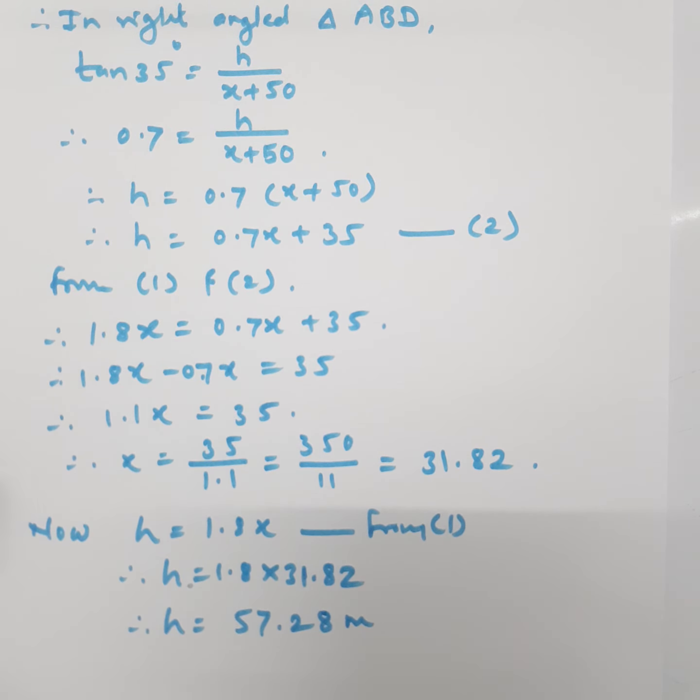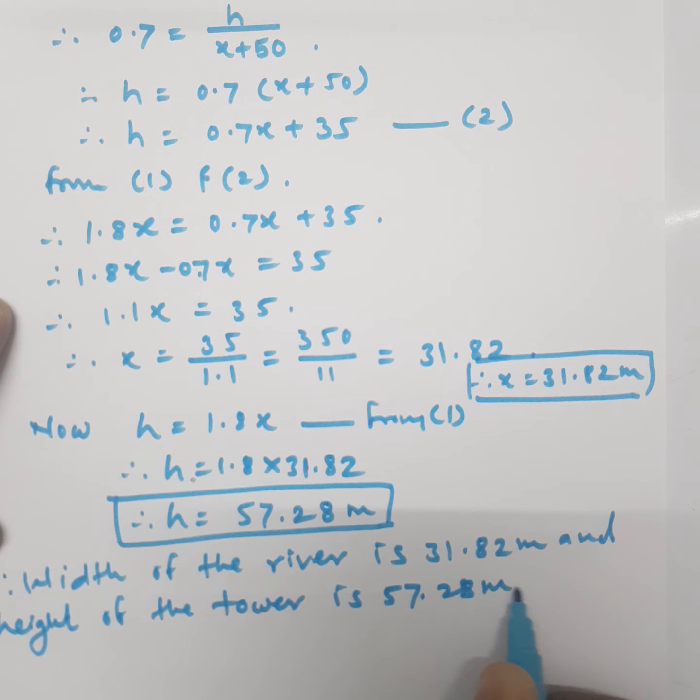Therefore we can write, the width of the river is 31.82 meter and the height of the tower is 57.21 meter.